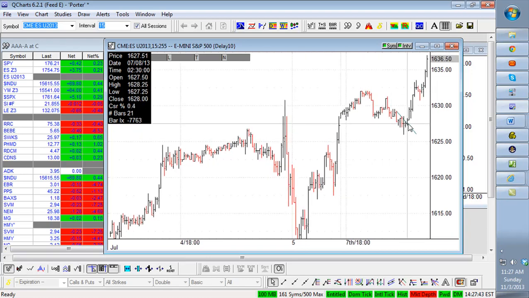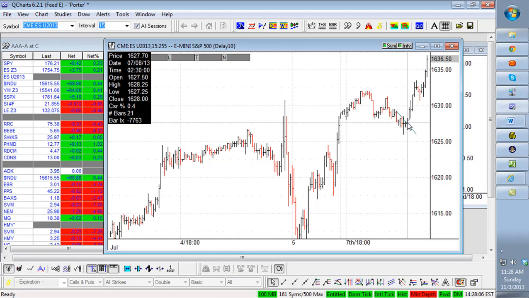And you're looking for something reasonably safe, with a low enough risk point. And you look over here, and if somebody gets in, let's say over here, this is 1628, your risk is prices spending some time below here, which is 1626. That's less than a couple of $100. So you don't have horrendous risk.